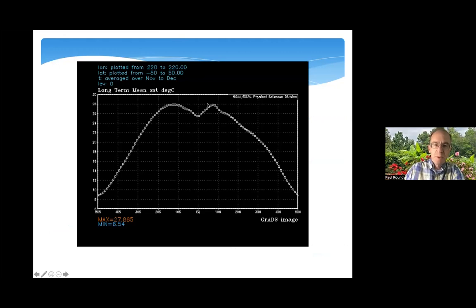This is where the intertropical convergence zone is located. And then in an average condition during most of the year, you would see the temperature drop as you go further south to the equator. So this is the equatorial cold tongue. And then there's a little broader warm region in the southern hemisphere, often especially during the southern summer. So this is November to December in this case, and then cool off again toward the pole.